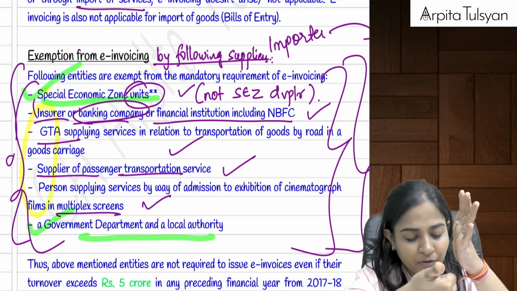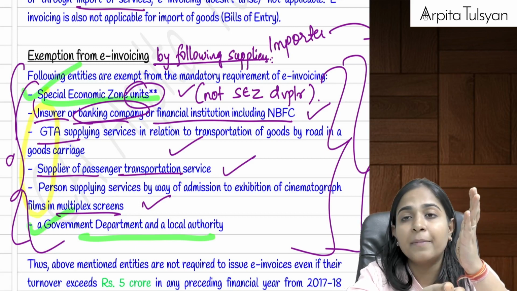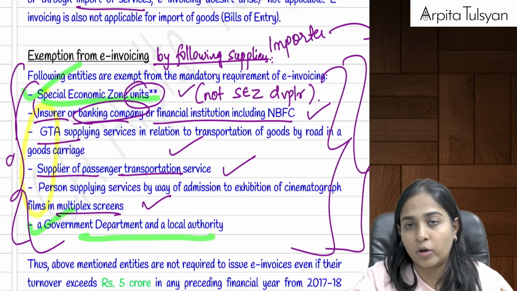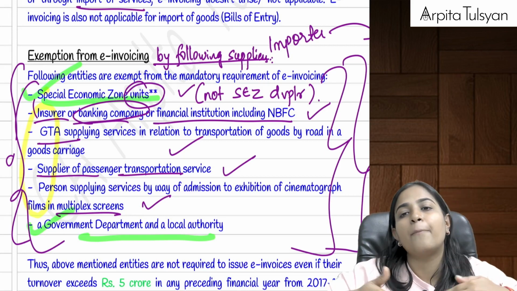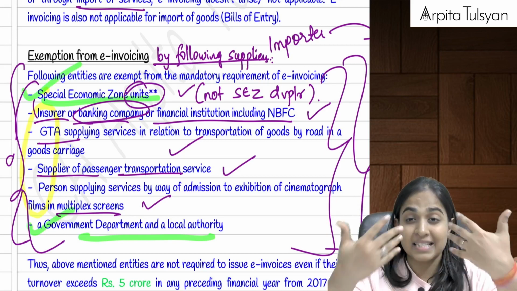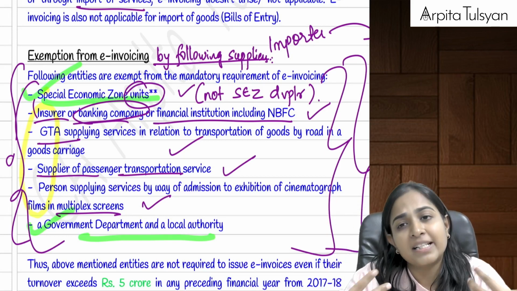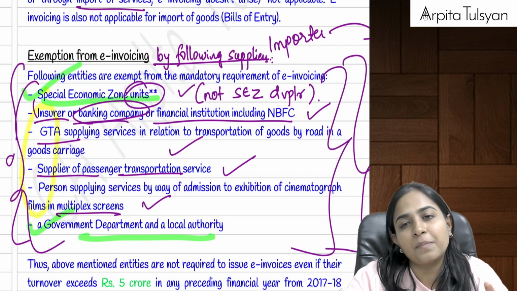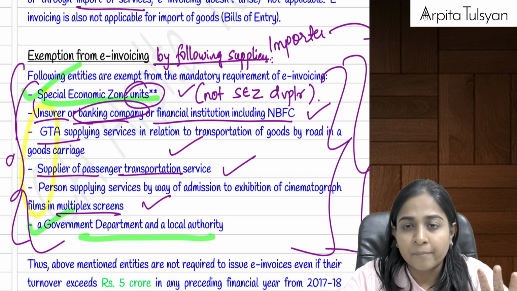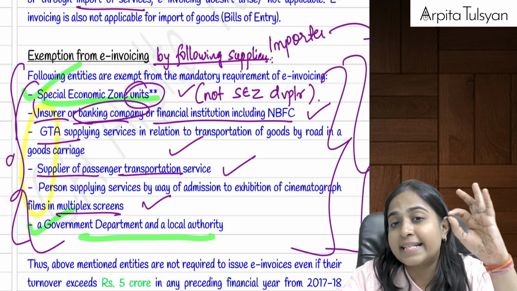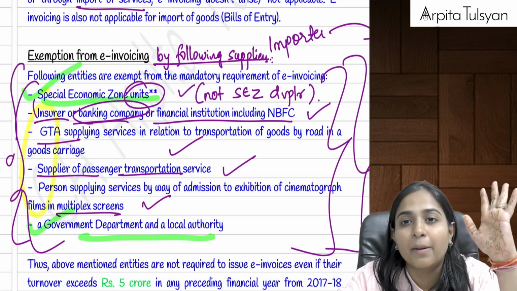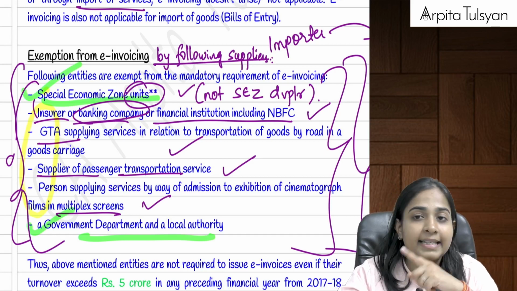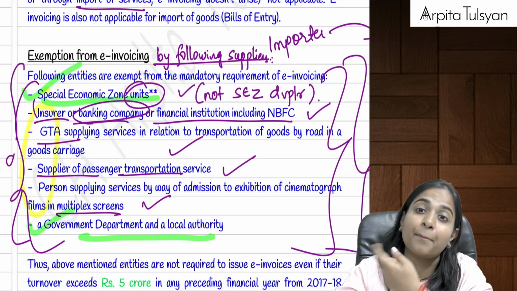And the last one was any government department or a local authority. If these 6 persons are the supplier of any goods or services, then they are totally exempted from the requirements of e-invoicing. Just remember here it is SEZ unit and not SEZ developer. All these persons which we are studying here in the list are not the recipient. They are the supplier.